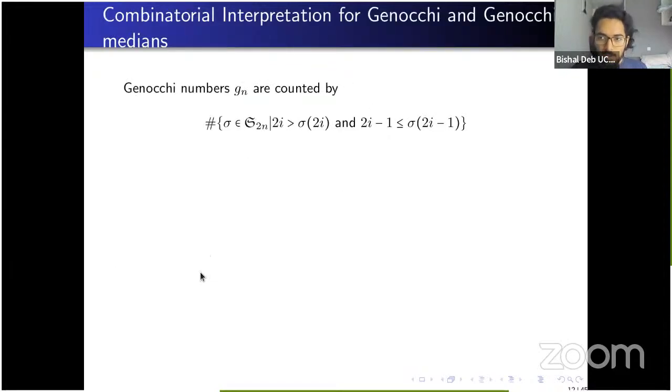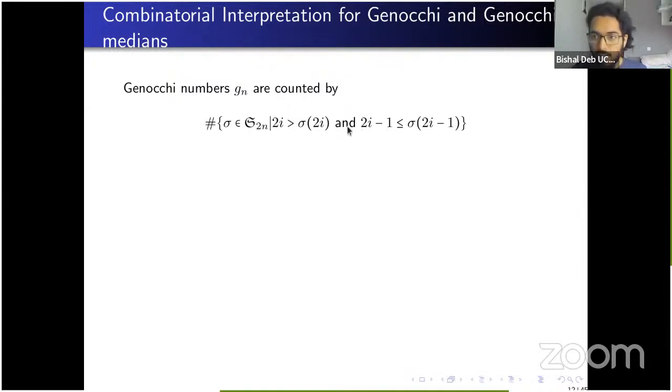So let me now give you a description of Genocchi and median Genocchi numbers, which you can remember throughout this talk. The Genocchi numbers are the cardinality of the following set. These count permutations on 2n letters such that whenever you have an even index 2i, it is bigger than sigma of 2i, and whenever you have an odd index 2i minus 1, it is less than or equal to sigma of 2i minus 1.